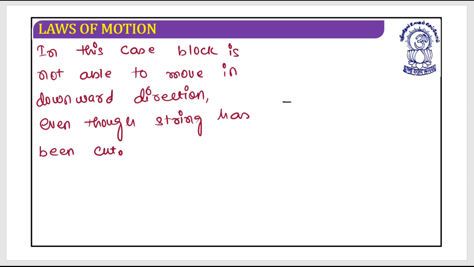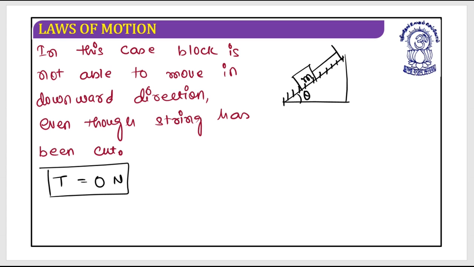The situation is this is theta, this is m. Here this block has not been stopped by the string, but it has been stopped by the friction. So there is no tension. So tension is equal to 0 Newton. Always remember this, that in this case the block is not able to move in the downward direction even though the string has been cut.